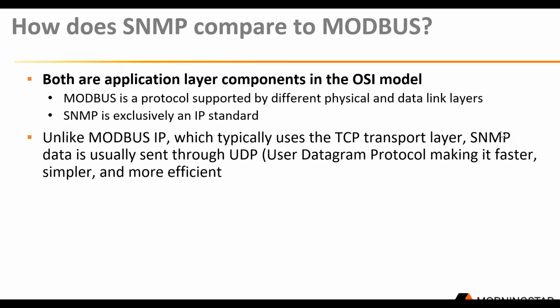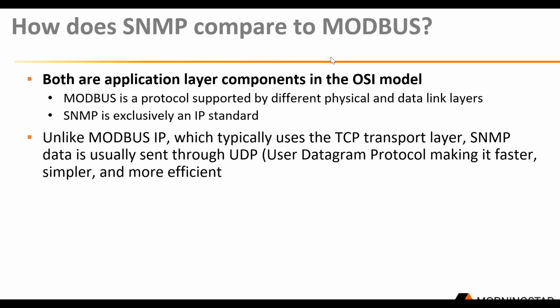However, SNMP is exclusively an IP standard, and again, the most common IP interface these days would be just a typical RJ45 Cat5 Ethernet cable. And again, both protocols can be communicated using that medium. You can actually use both at the same time. However, they do have different use cases why you would want to use one over the other.